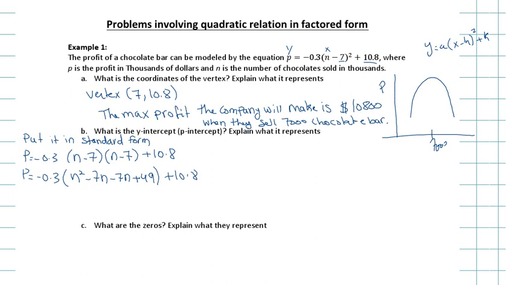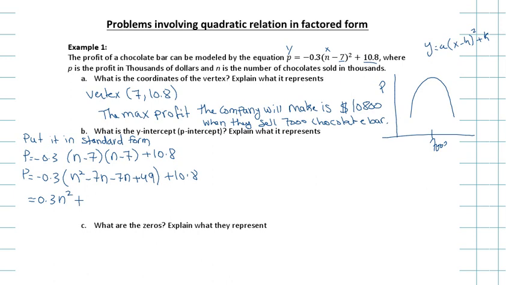I'm going to multiply by negative 0.3. I need you guys to help me by multiplying 7 by 0.3 and 49 by 0.3.